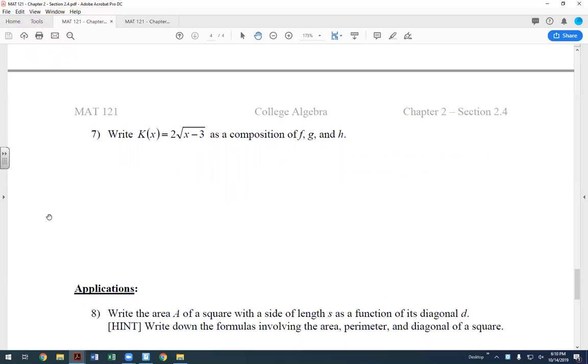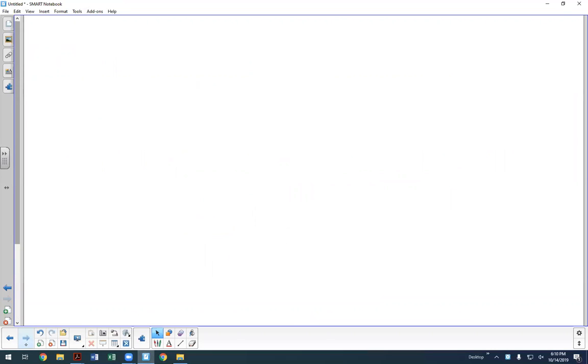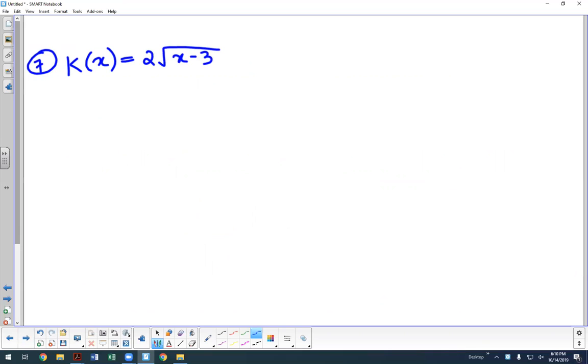So what will those 3 simple functions be? So that's our composed function, I guess.